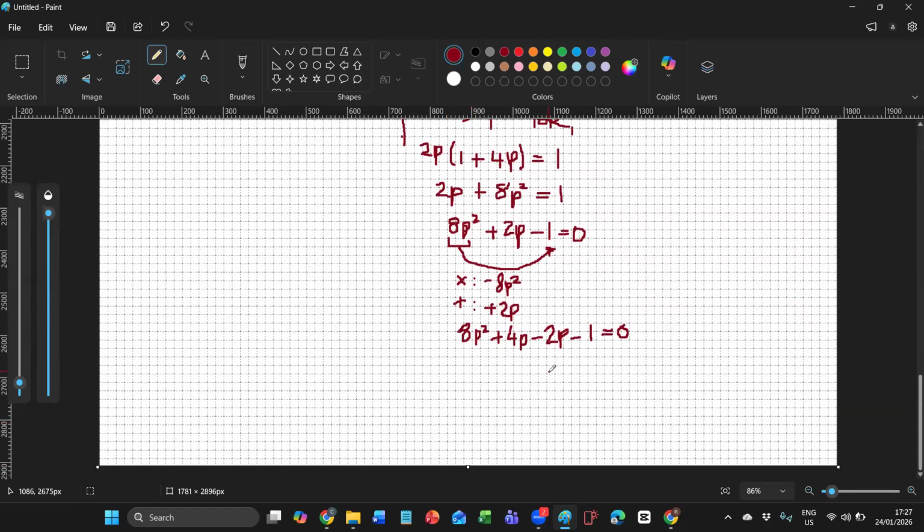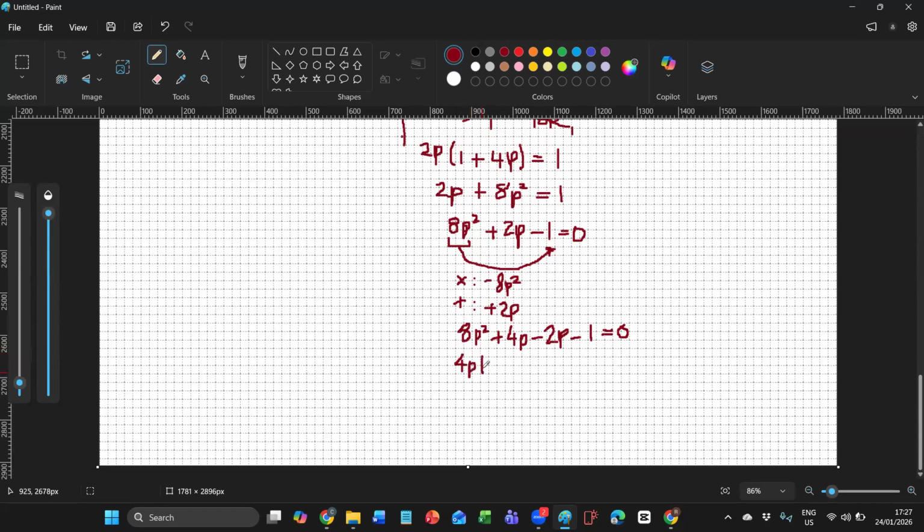So now, can you see what we have? Let's factorize. You can group. This is called factorization by grouping. So we'll group these two together: 8p squared and 4p. What's common there? I'm sure you can see that 4p is common, isn't it? So let's pick 4p out. Now, if we factorize 4p from 8p squared, what will be left?